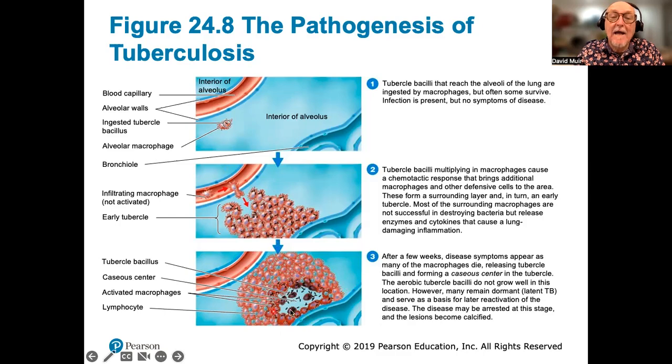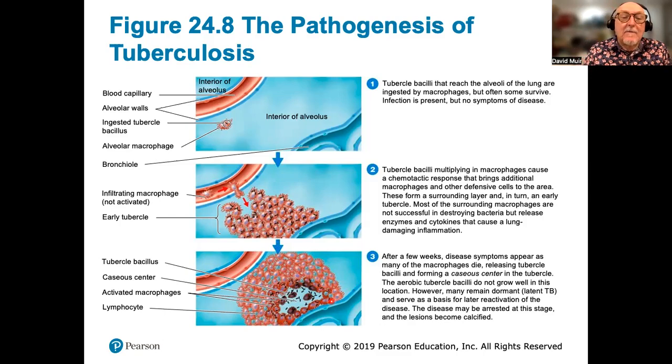On the inside, there is an area where the bacteria are freely dividing. On the outside, the immune system responds by building up like a shell around it. And that structure is referred to as a tubercle.